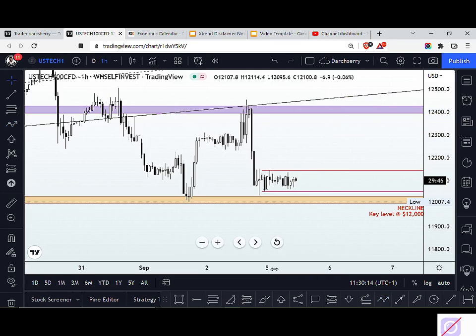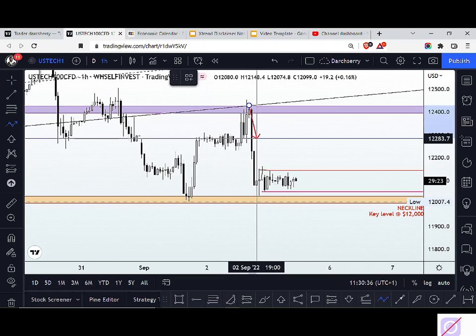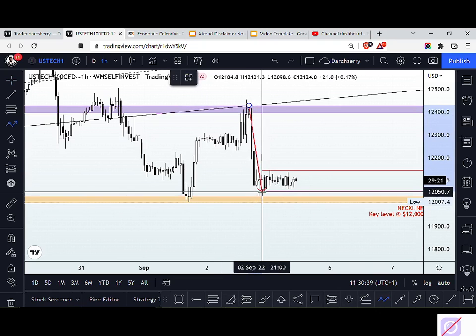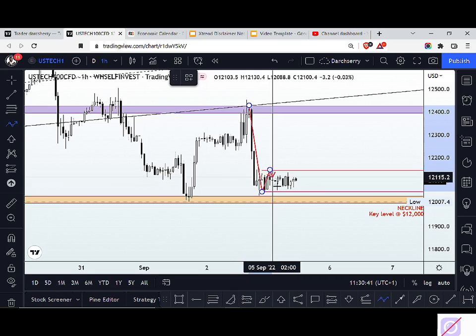So you will agree that at this point, patience is required so that we can see and identify that move before we join any opportunity on the US tech. Now, in addition to what I have explained so far, from a technical standpoint, the structure we have presently looks more like a bearish rectangular pattern, something like this.